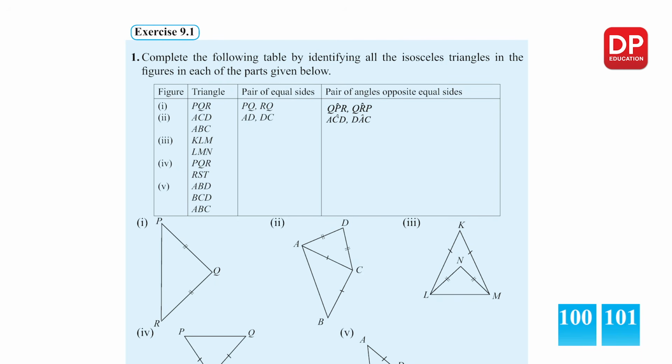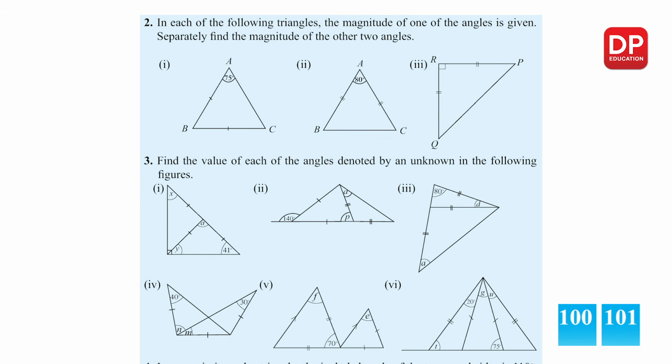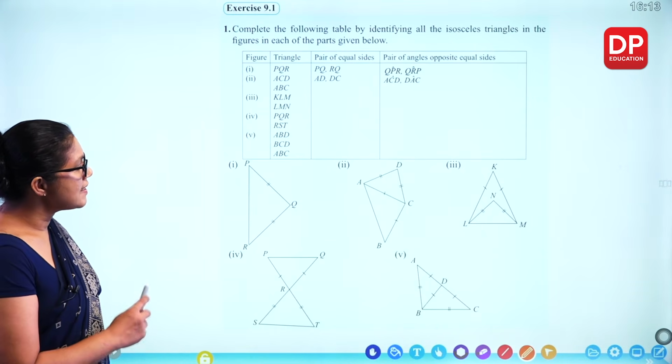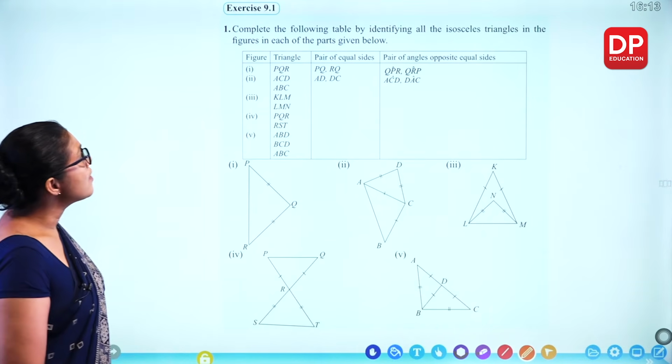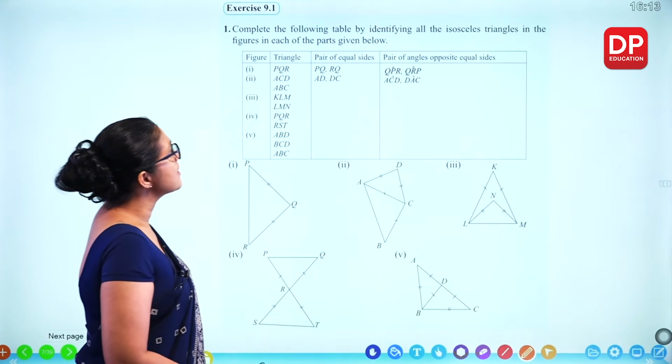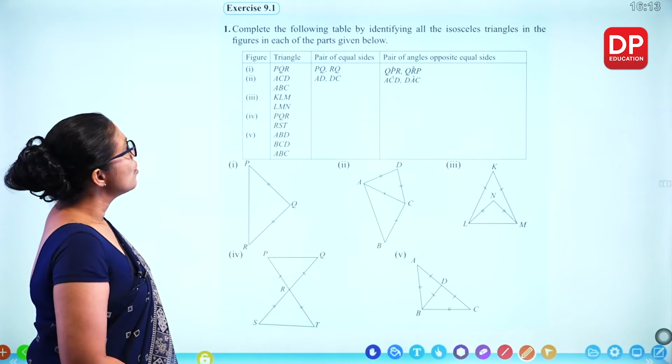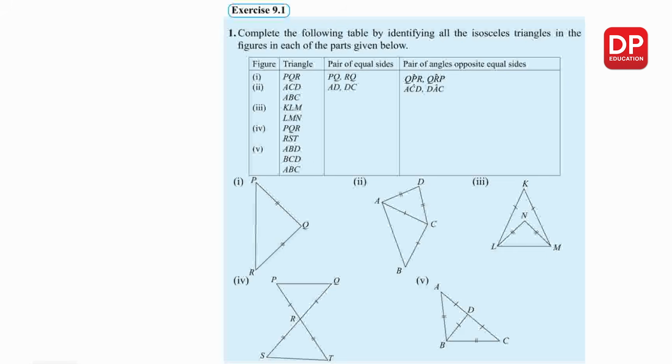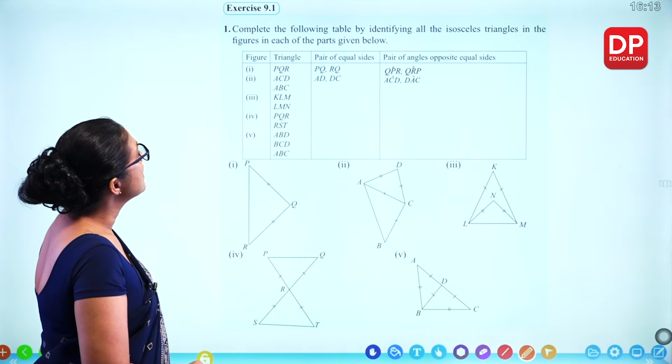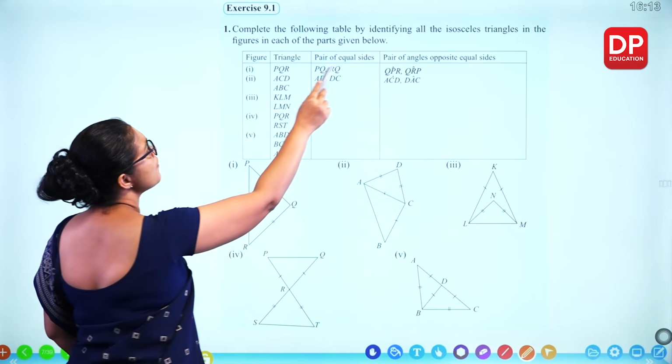Now we'll take the exercise 9.1 in your textbook. So you have given several diagrams and ask you to fill the blanks. Okay, so 2 parts are already done. So you have to start with ABC. So we'll check whether all pairs of equal sides given.